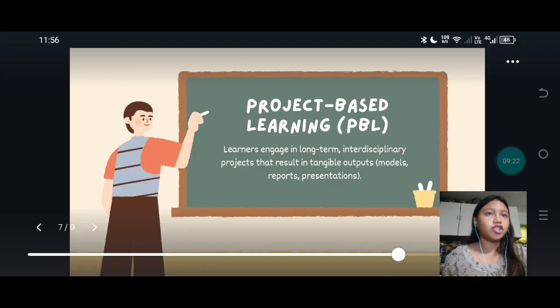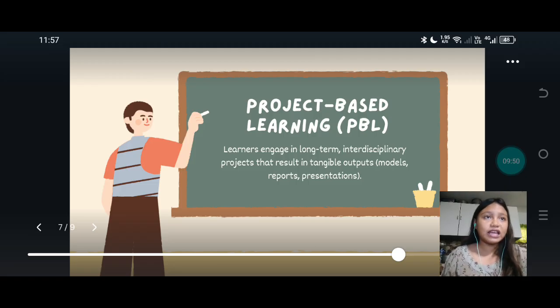This is a teaching method where students learn by actively engaging in real-world and meaningful projects instead of just simply memorizing facts, following step-by-step lessons. Students explore, investigate, and create something that demonstrates their understanding.